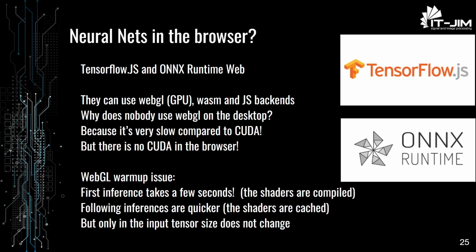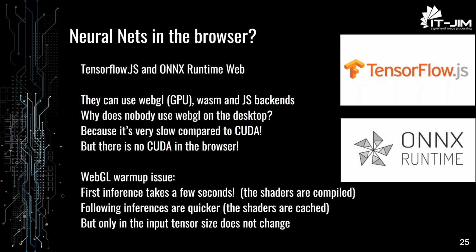They can both use WebGL, GPU. By the way, Evgen, you had a question about GPU. The answer is that web browsers can never use anything like CUDA, cuDNN, OpenCL.